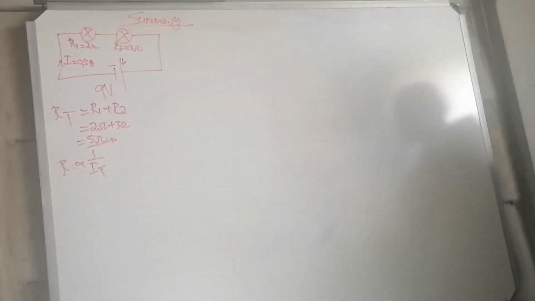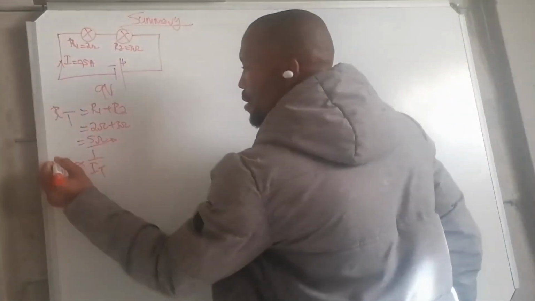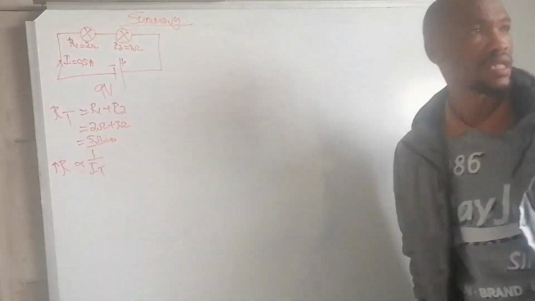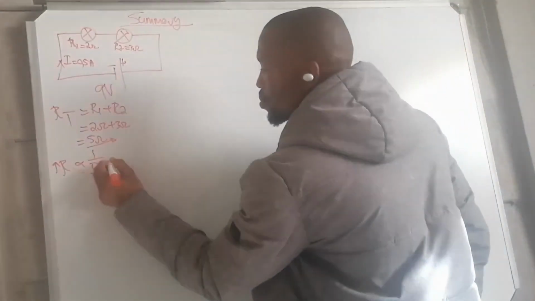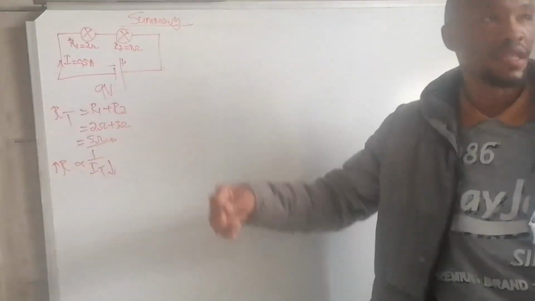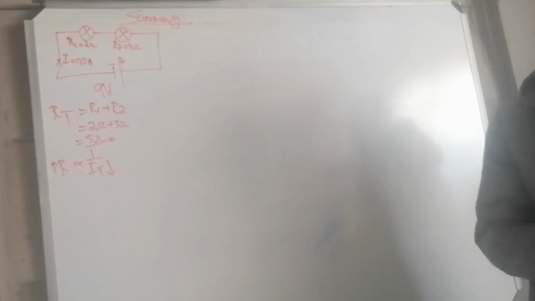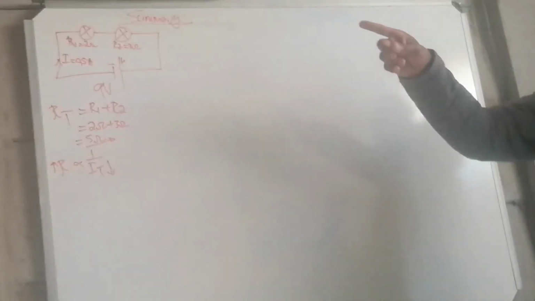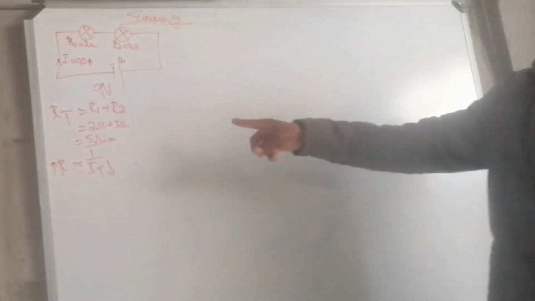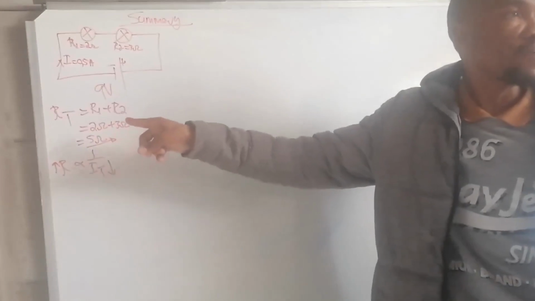So, because the resistance is high and the circuit is connected in series, we expect the total current flowing in the circuit to be low, provided that we have kept constant the amount of energy that the system supplies.